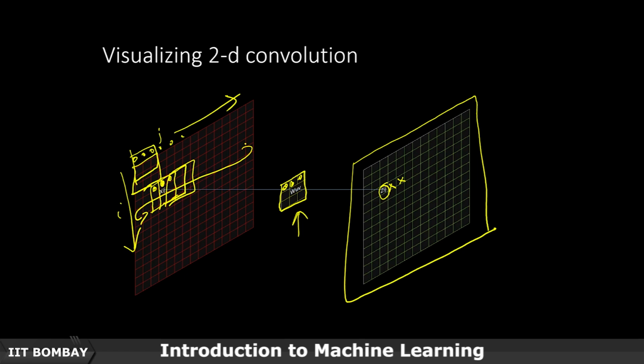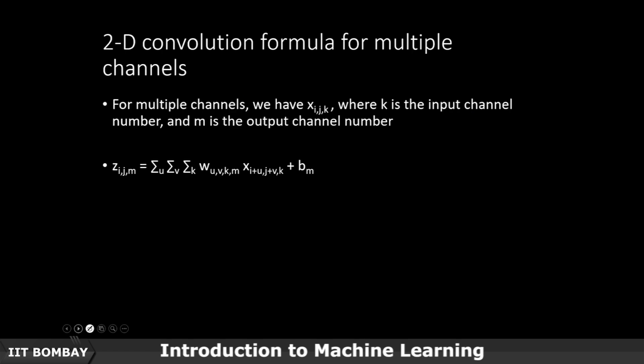So now, what is also clear is that just a single W is not useful. We need multiple Ws. For example, we want to detect edges of multiple different orientations. So we will modify the convolutional operation to bring in some new indices. Let's say our input is not just i and j, but the input has multiple channels. For example, an image has 3 different channels: red, green and blue.